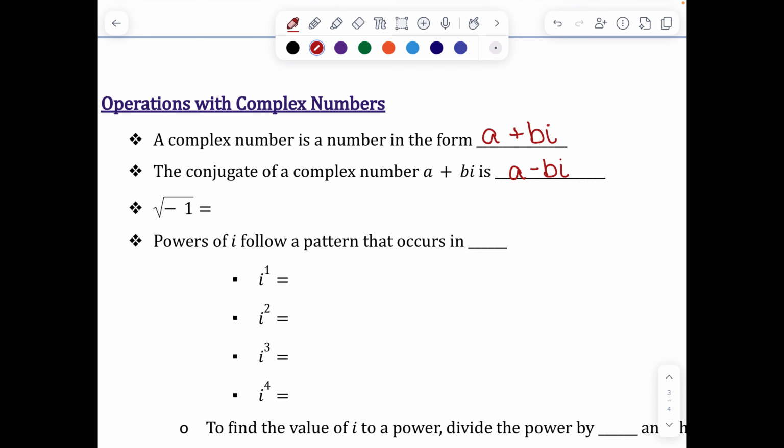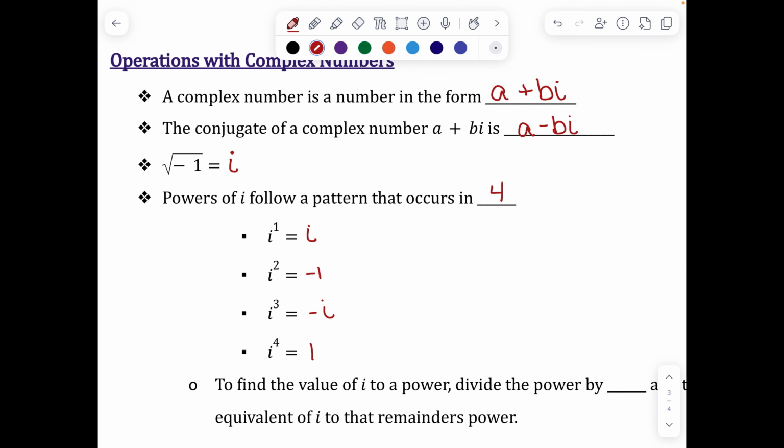Remember that the square root of -1 is just i, and that powers of i follow a pattern that occurs in 4s. So i to the first is just i, i to the second is -1, i to the third is -i, and i to the fourth is just 1.